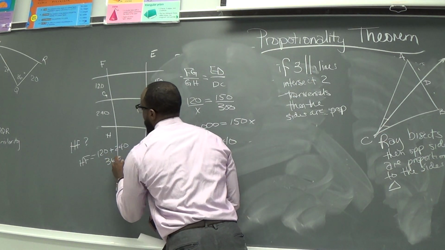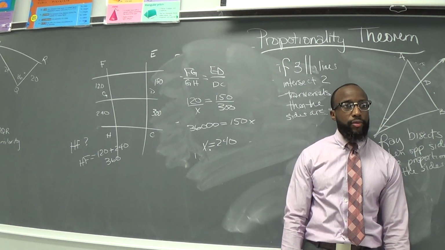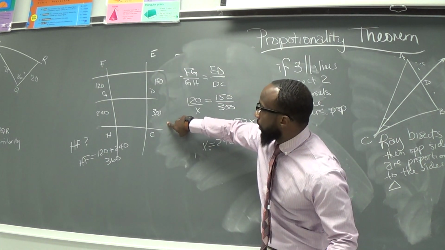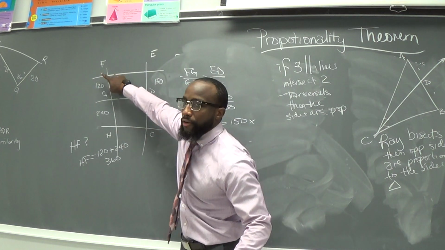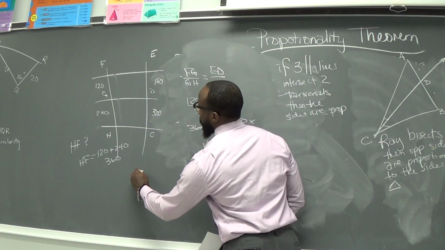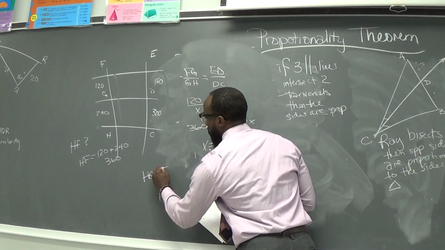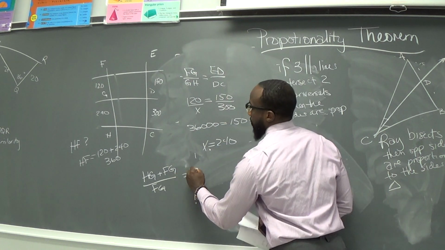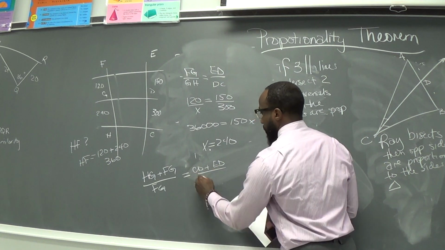360. Alright? There is another ratio to solve this right away. It's another way to look at it as well. We can do the ratio of the whole thing over what we know and the ratio of this whole thing over what we know. So you do HG plus FG over FG equals CD plus ED over ED.